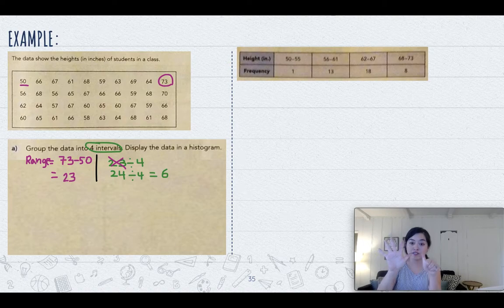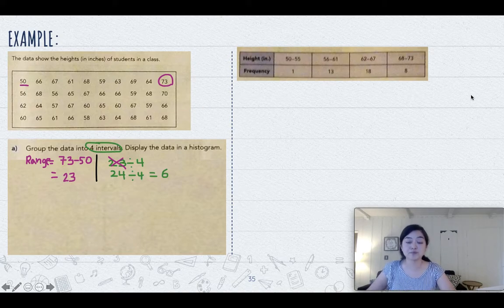And same thing here and here. And when you look at the data, you can just see how many fall between 50 to 55, how many fall between 56 to 61, and so forth, and you can just cross it off and mark it on here.